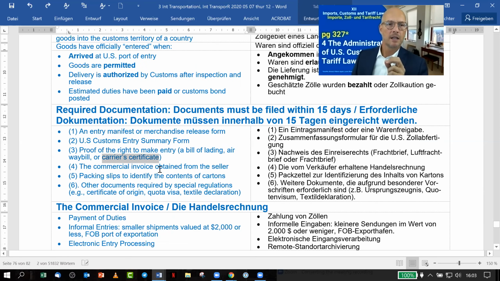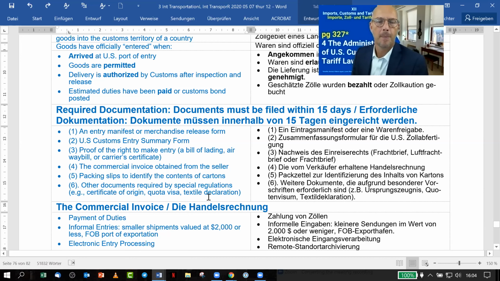Then we need the commercial invoice, and you obtain this from the seller. You need a packing slip to identify the contents of the cartons, and so on. Other documents, for example, a certificate of origin or quota visa or a textile declaration. What is a commercial invoice?